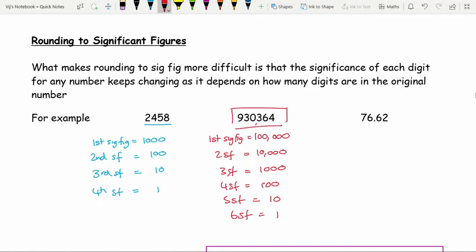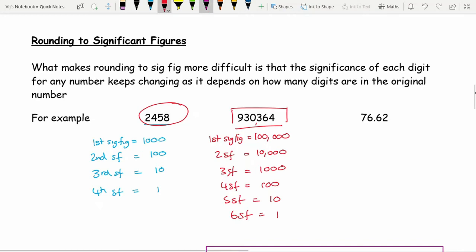And as you can see, the first Sig Fig in 2,458 is different to the place value of the first digit in the number 930,364.